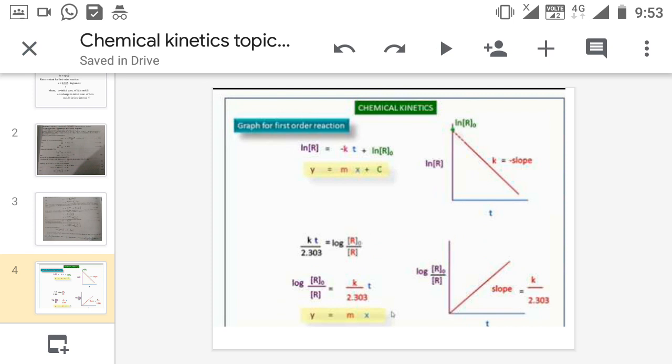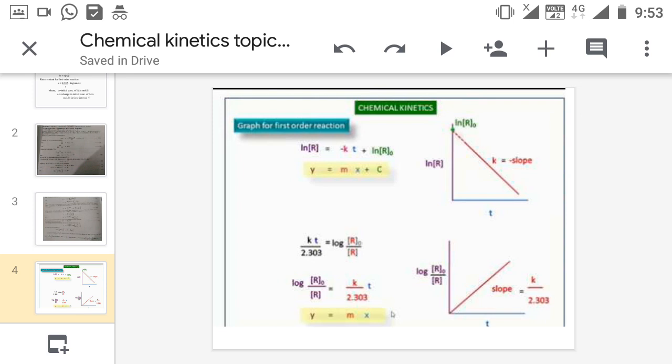The slope is m in this equation, and in our equation the m is equal to k by 2.303. So the slope is equal to k by 2.303. Okay, all of you please try to draw this graph. This is very important. So the graph can be represented like the first graph.